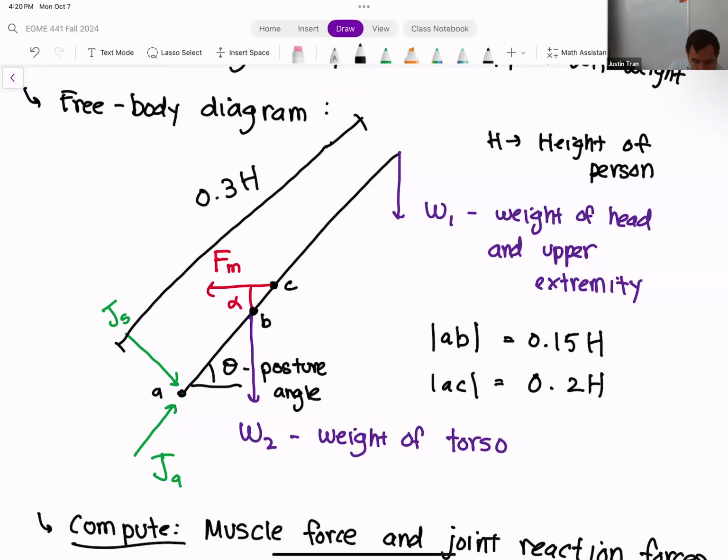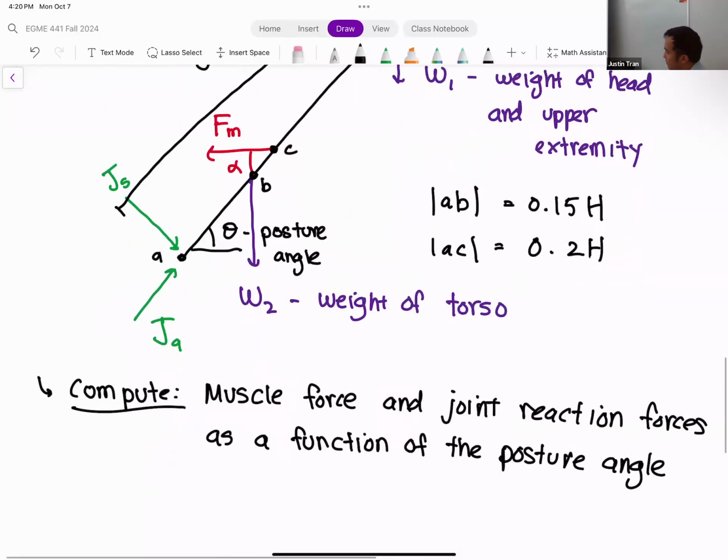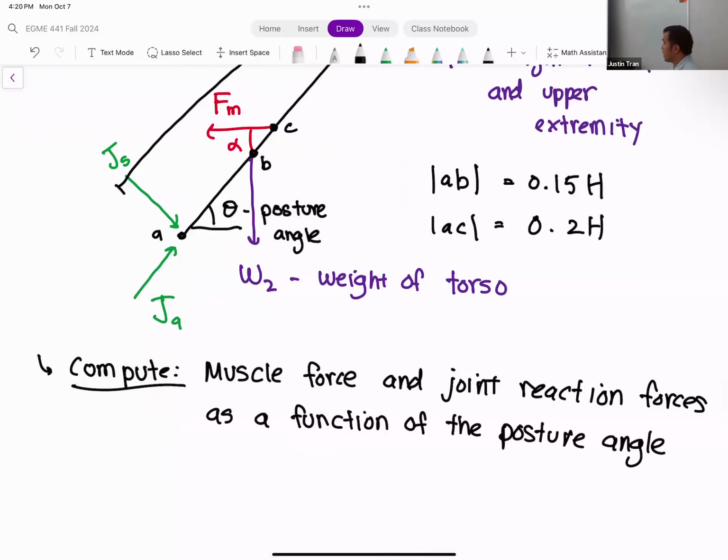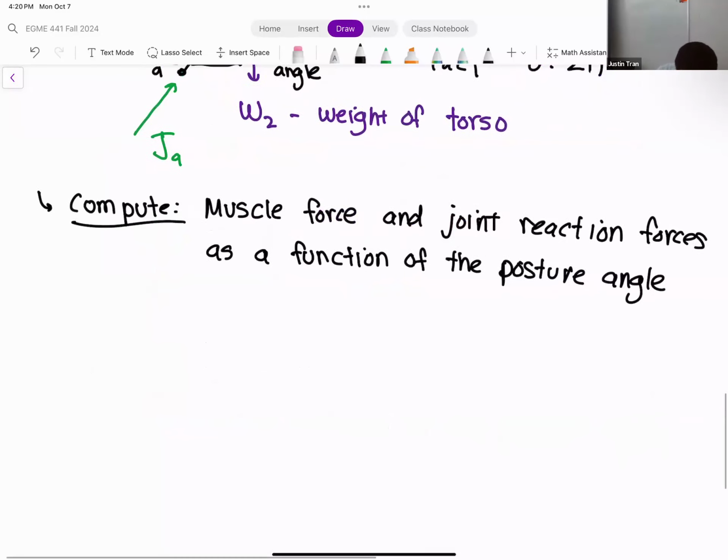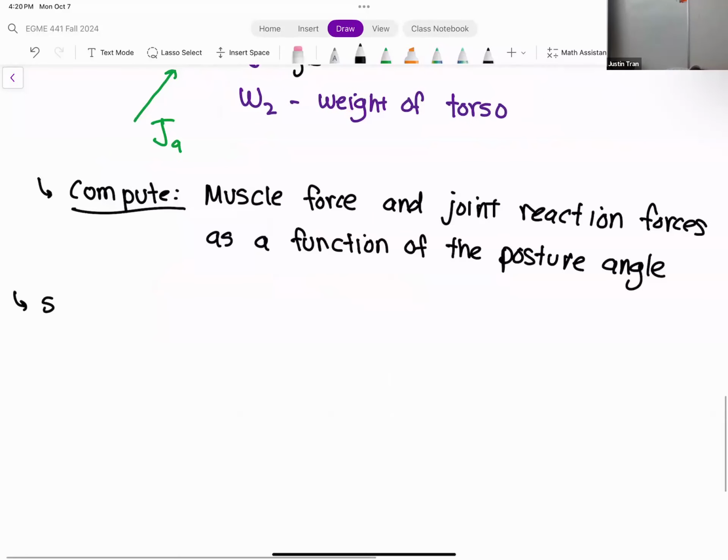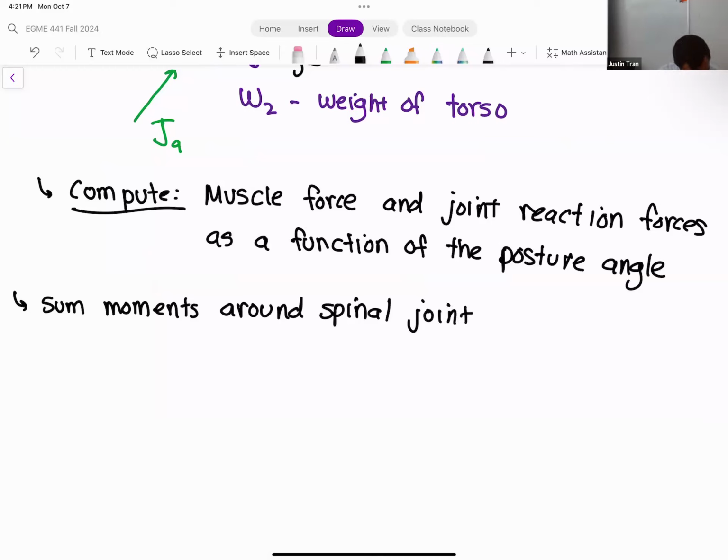Okay. So let's solve this like we usually do. So let's go ahead and sum the moments around the spinal joint. Okay. And this is to solve for the muscle force.